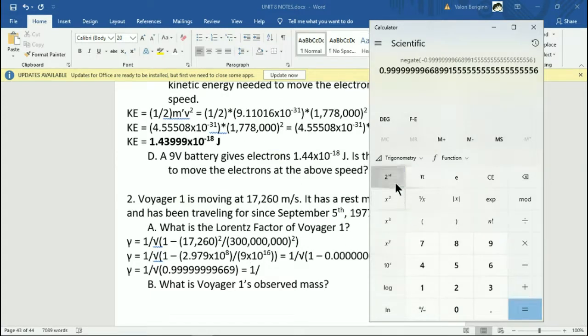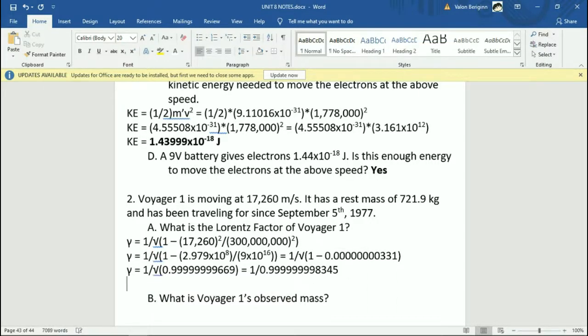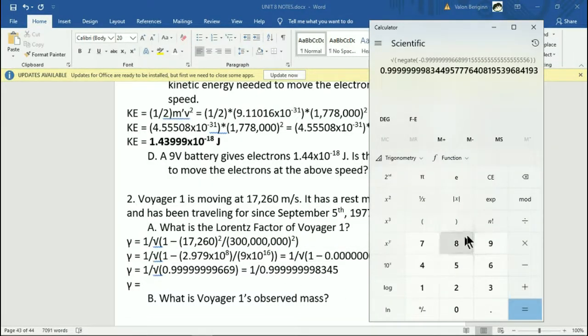So square root this, and still eight 9s and then 8345. Let's space it out again. So our final answer is 1 over this. That's 8 zeros, 1655.